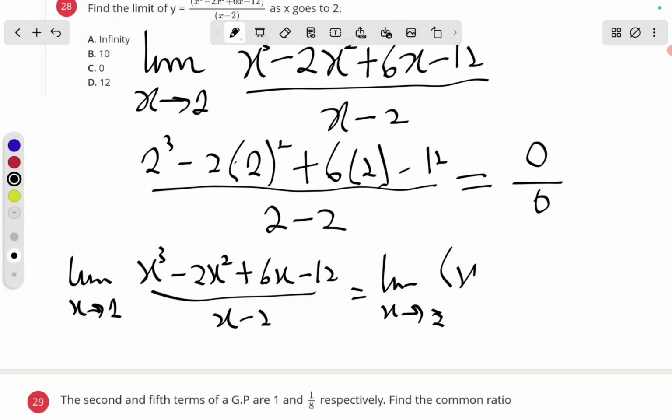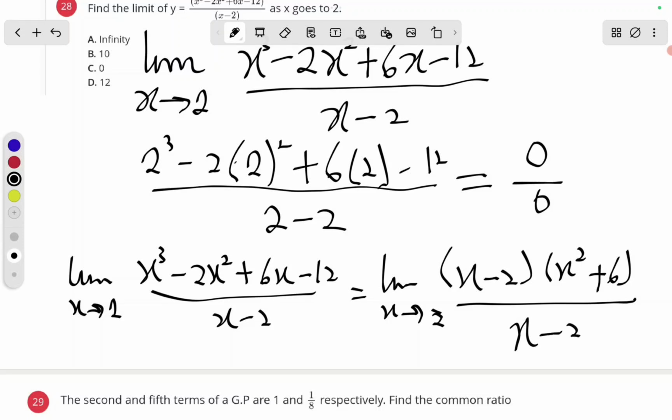If I factorize what I have at the top, I'm going to have x squared plus 6 times x minus 2, all over x minus 2, whereby this will cancel this.